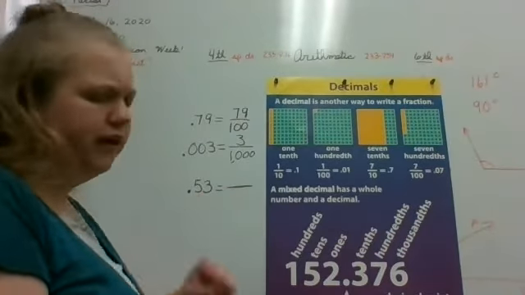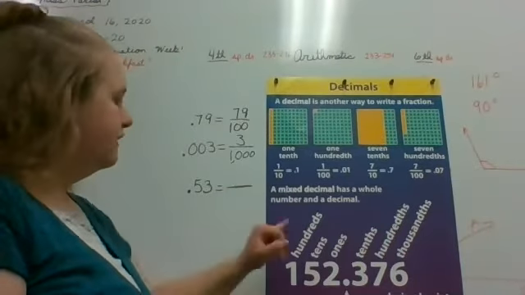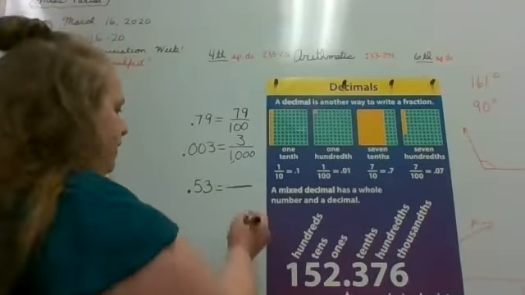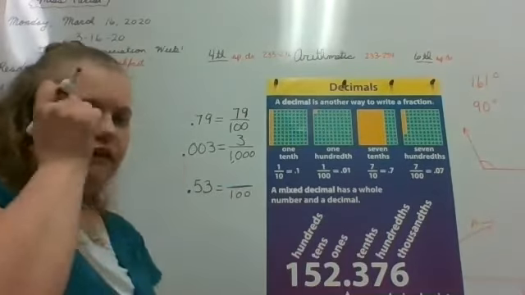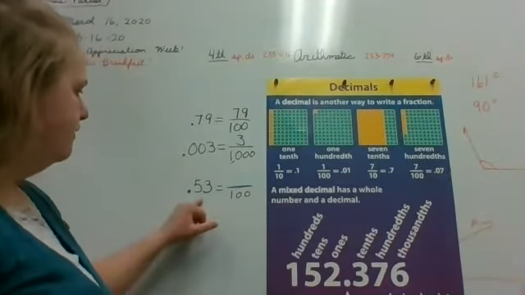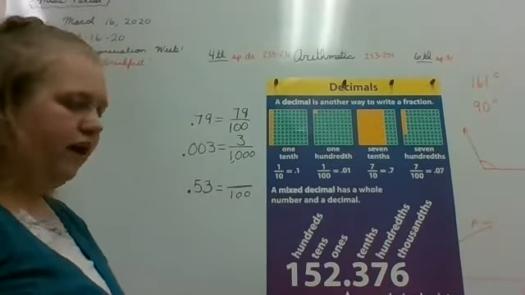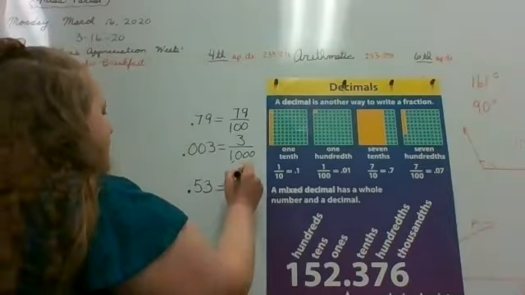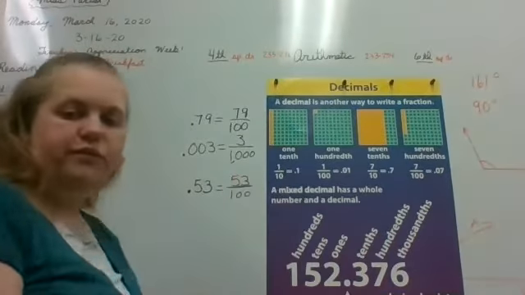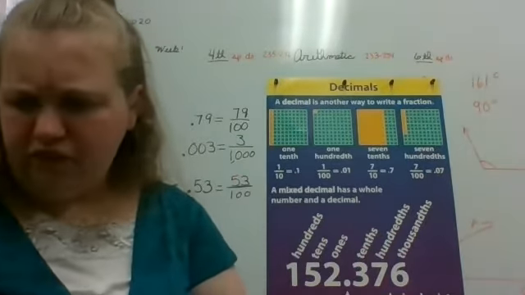That'll tell us what we want on the bottom. Okay, yes, it is in the hundredths place, so we're gonna put 100 on the bottom. Very good. Okay, 53, what is gonna go on the top? Okay, yes, we're gonna put 53 on the top, so you can put that down as your answer for A in section 3.